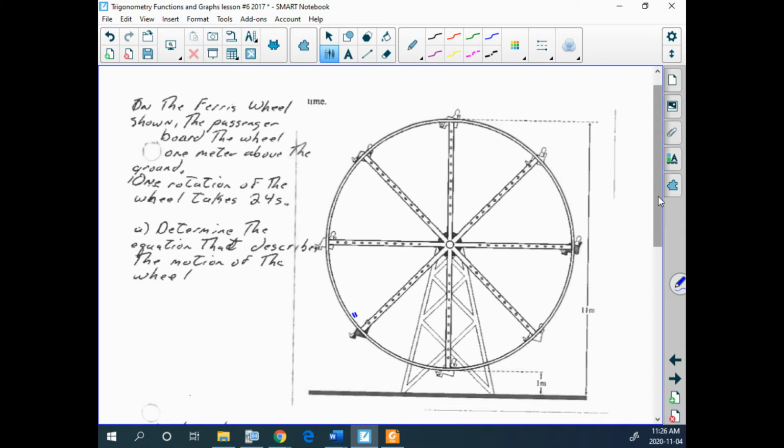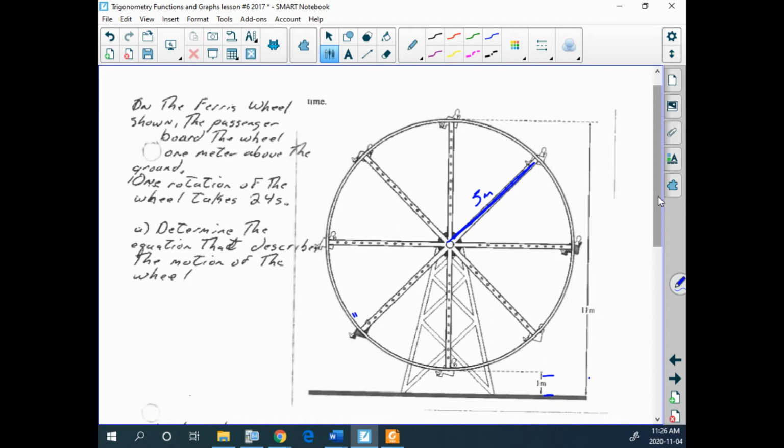We have a passenger aboard the wheel, so we have a 1 meter distance above the ground. We have a total of 11 meters to the top of the Ferris wheel. That means that the diameter of the Ferris wheel is 10 meters, so the radius of the Ferris wheel is 5 meters.